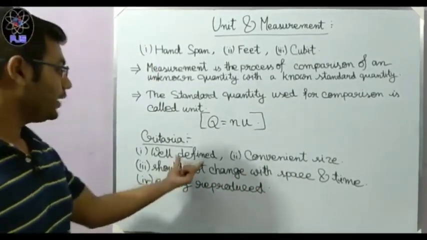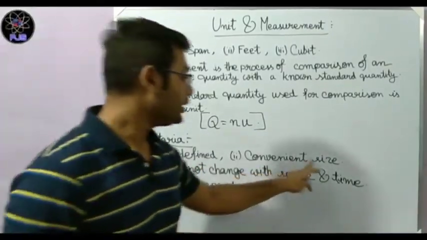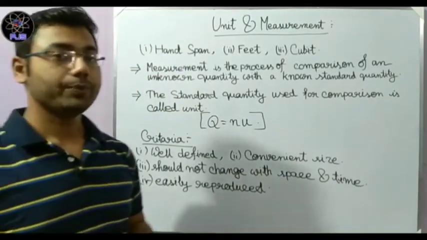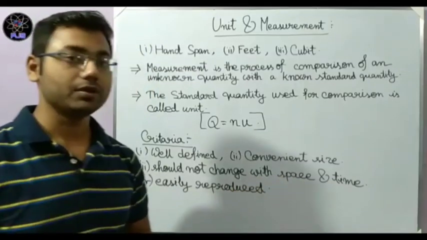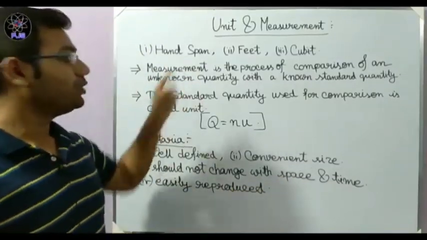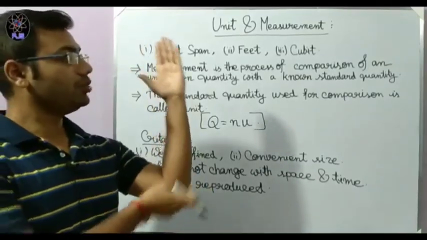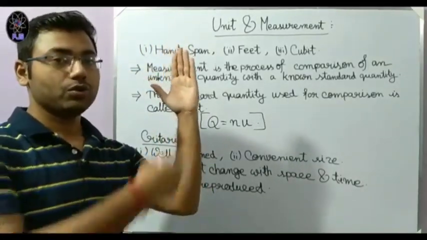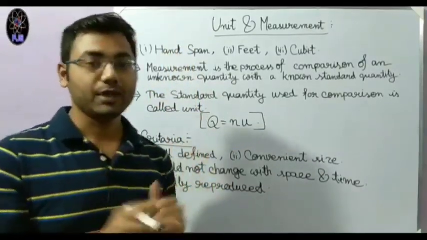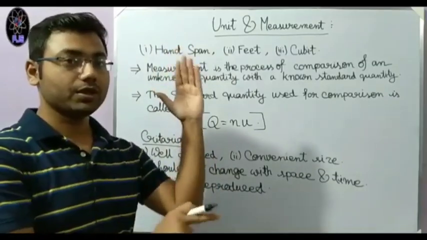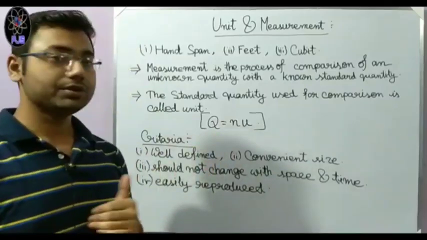That means what? Well defined, जिसको हम डिफाइन कर सके हर वक्त. कॉन्वेनियंट साइज मतलब जो पीपल टू पीपल वेरी ना कर सके. Should not change with space and time. टाइम चेंज हो जाए तो यूनिट ना चेंज हो. जैसे एक यंग बॉय, उसका जो क्यूबिट का लेंथ होगा, when the boy is 5 years old, the cubit length is different from when this boy's age becomes 35.